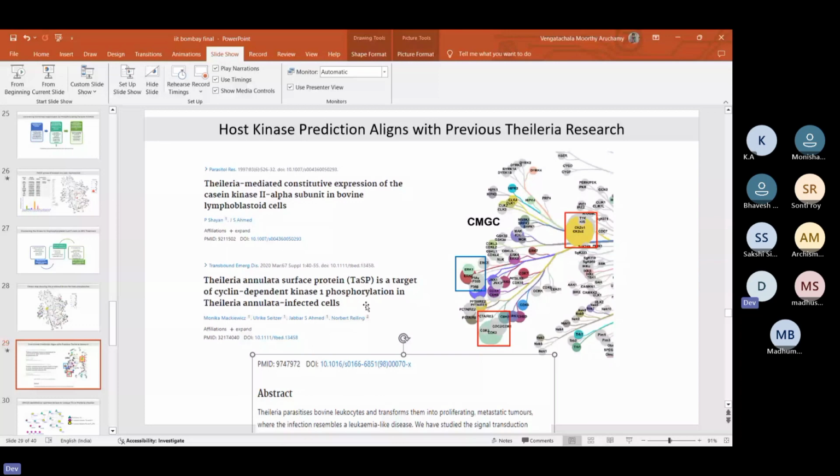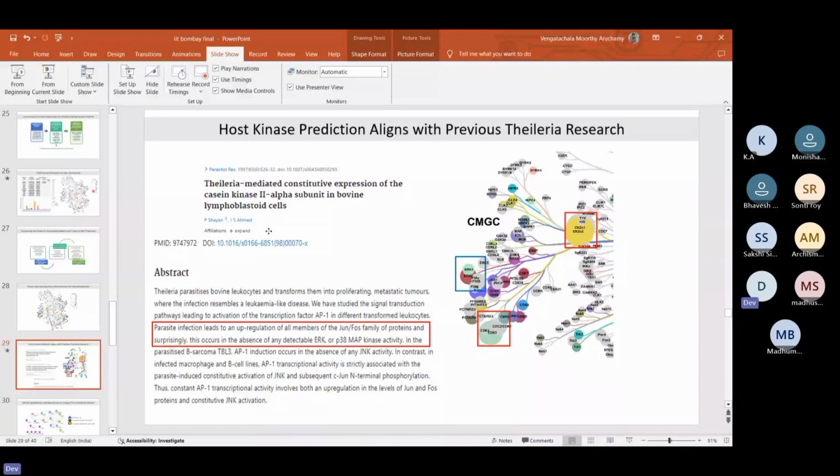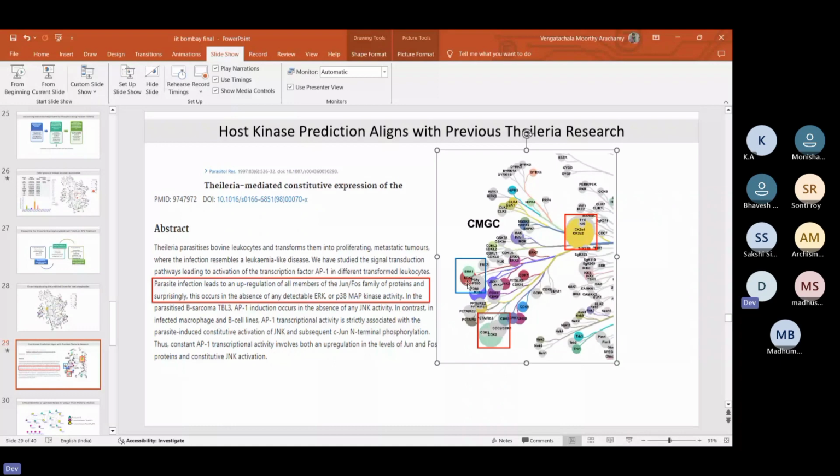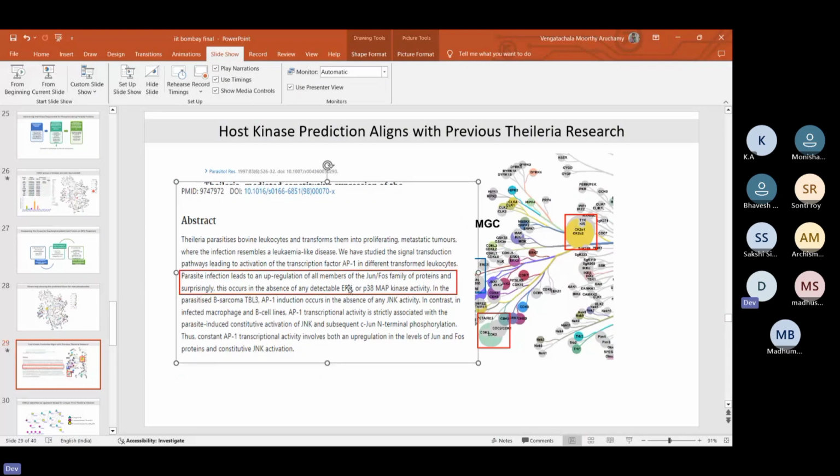However, one of the most important things we found from our data is the presence of ERK kinases, that is ERK1 and 2. Hope it is visible here from our prediction. But one of the most interesting things is this one paper which highlights JNK, where they clearly eliminated the role of ERK.